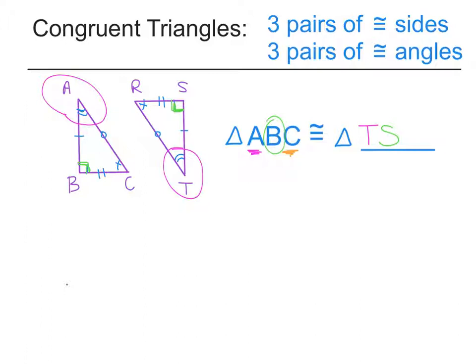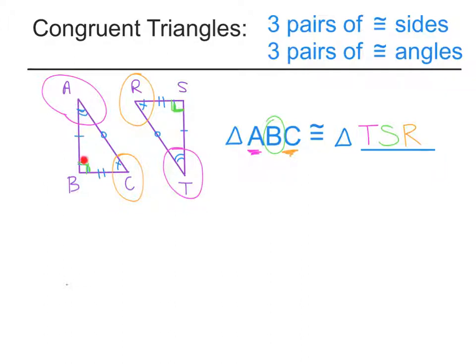I've got angle C, and angle C has 1 tick mark, which is congruent to angle R, who also has 1 tick mark. So C is in the third spot, R is in the third spot. And now I can see that my congruent statement says triangle ABC is congruent to triangle TSR, where these 3 letters match angle for angle with these 3 letters.